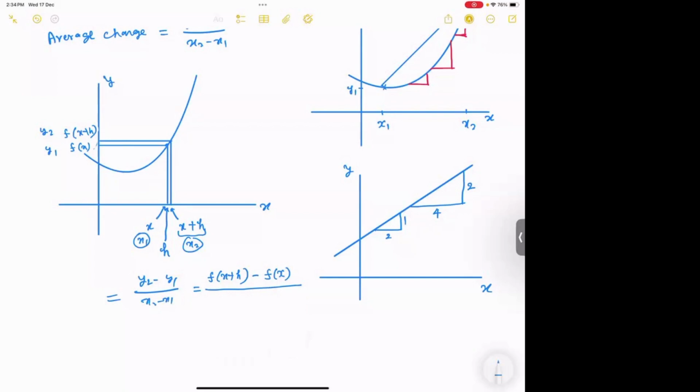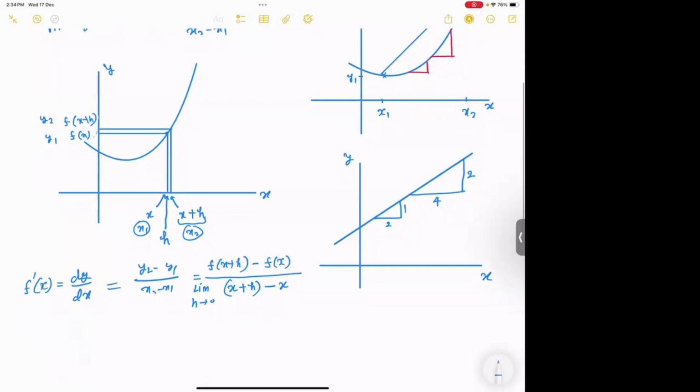The whole thing is divided by x plus h minus x. And I'm writing one more thing here, a limit. That h I have taken very small. So I'm just writing h tends to 0. Because I have taken a very small change in x, whatever small change has been created in y, that ratio is called the derivative. I can say dy dx, or I can say f prime x. Is that point clear to you?